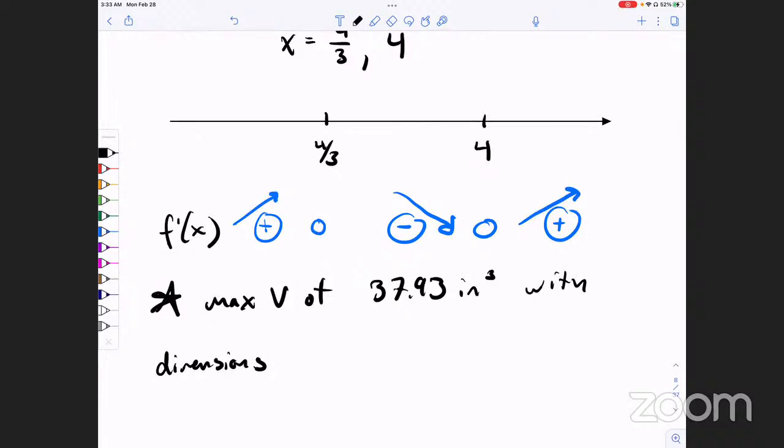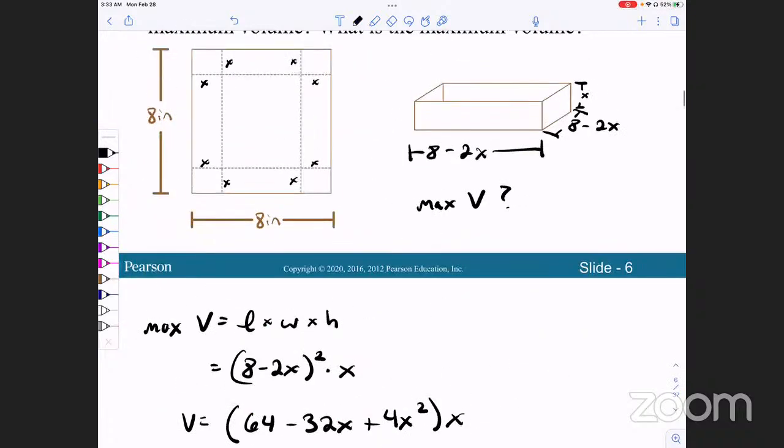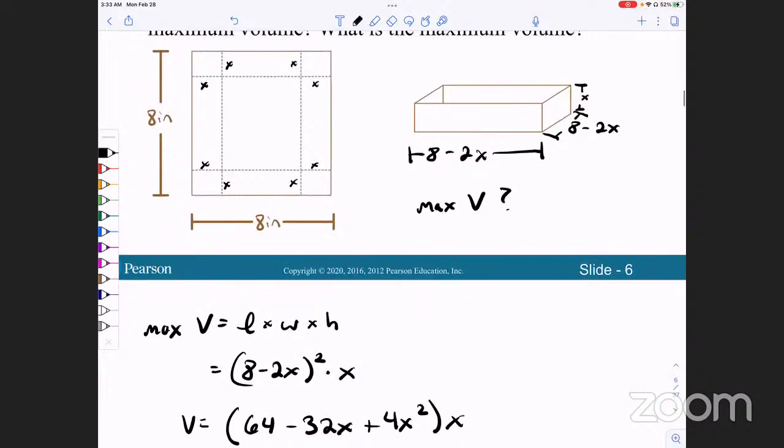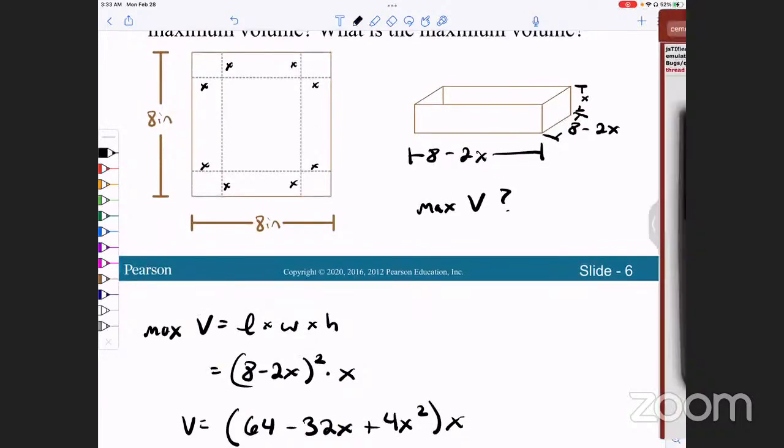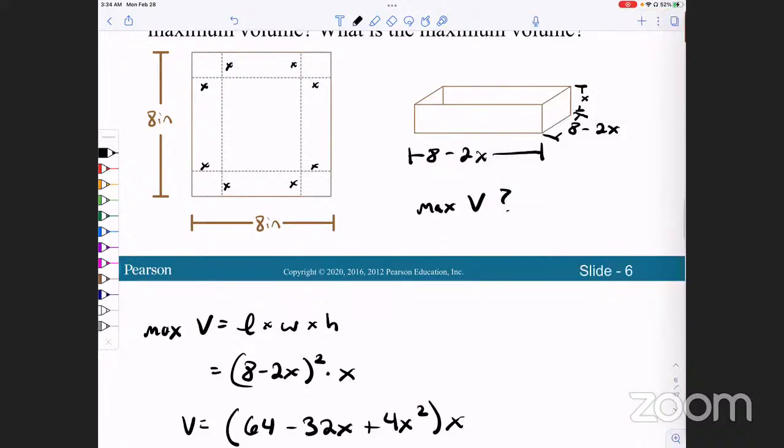Thirds, right? So then we want two times 4/3. So 5 1/3 by 5 1/3 by 4/3.